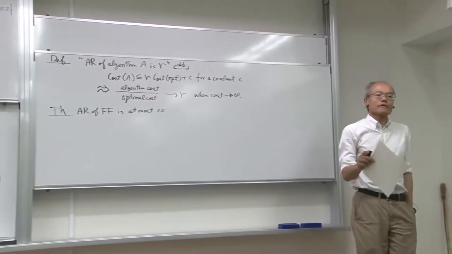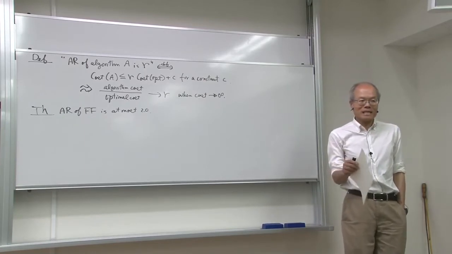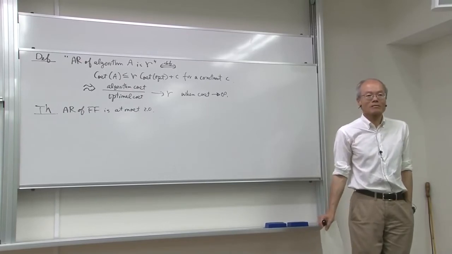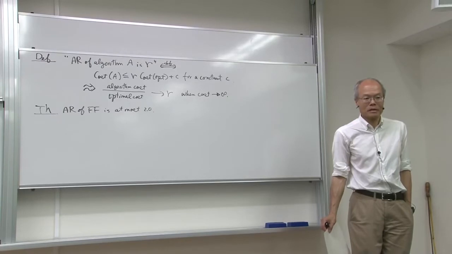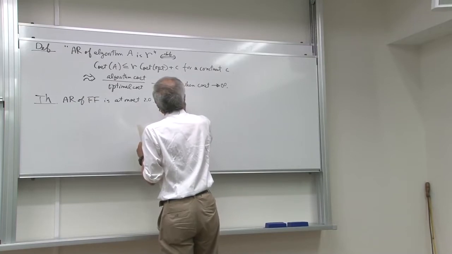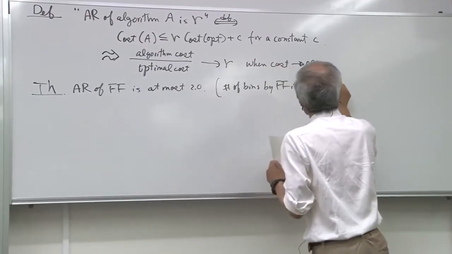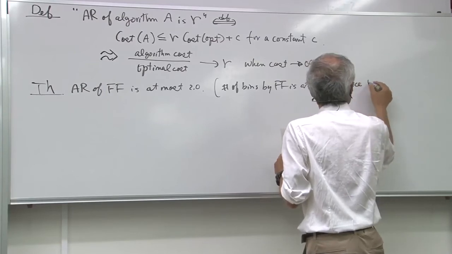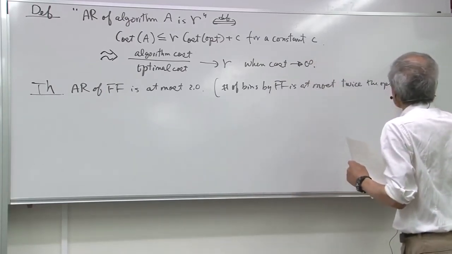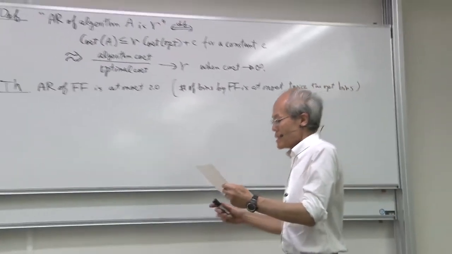It means the cost of FF, the number of bins used by FF, is at most twice the optimal number of bins. Okay. Proof.